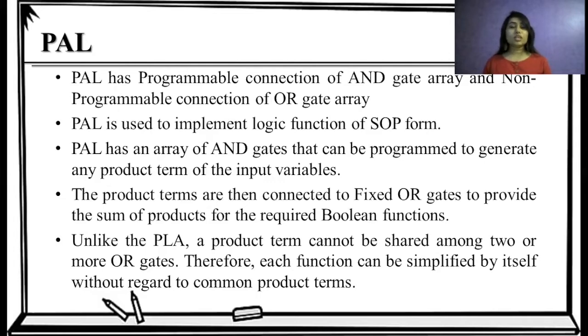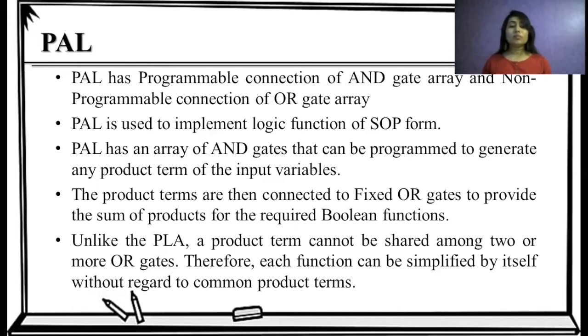For example, if F1 and F2 are two functions, and F1 is equal to AB plus BC and F2 is equal to AB plus CD, here we have a common term AB in F1 and F2, but we can't share this term for function F1 and function F2. We have to use two different product terms and give them to the fixed OR gates.